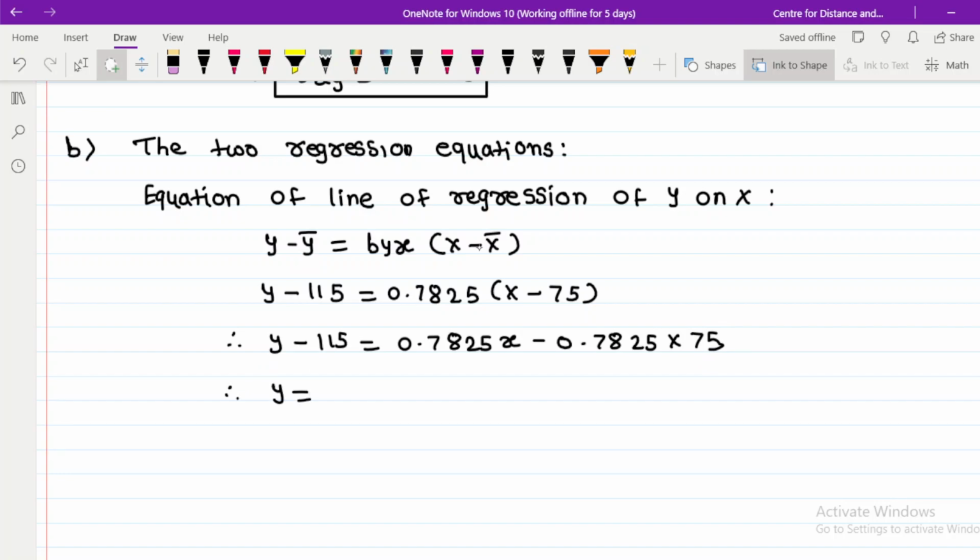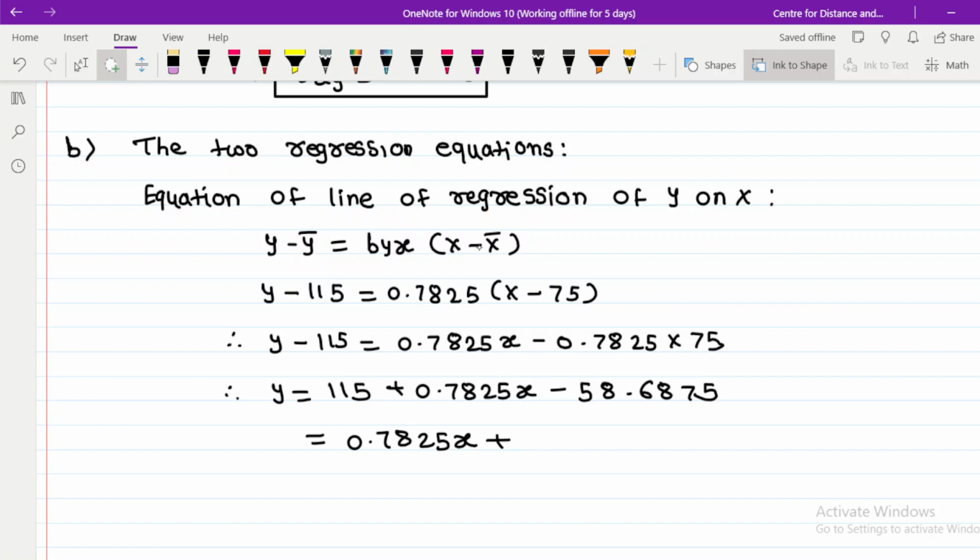Moving 115 from LHS to RHS, we get plus 115. 0.7825 into 75 is 58.6875, so y is equal to 0.7825x plus 115 minus 58.6875, which is plus 56.3125.